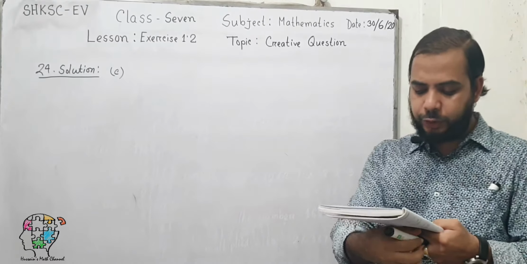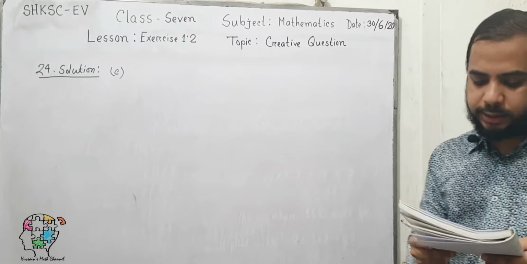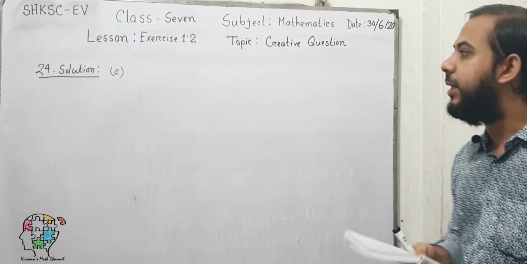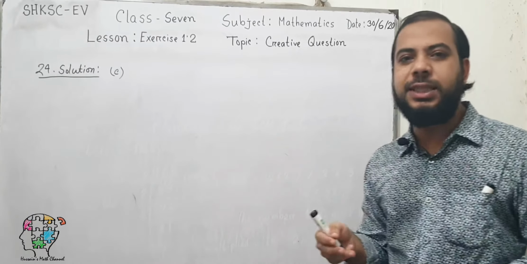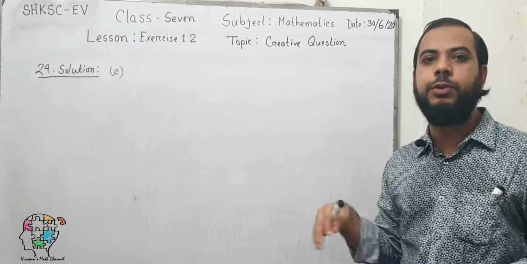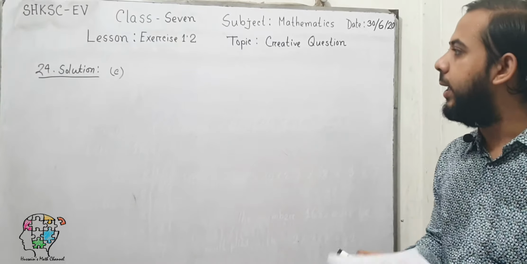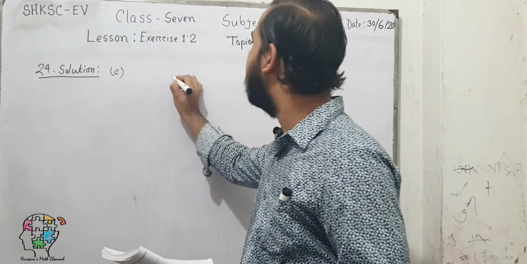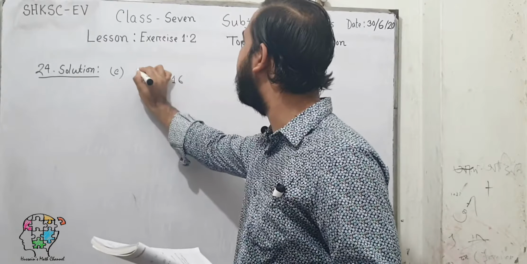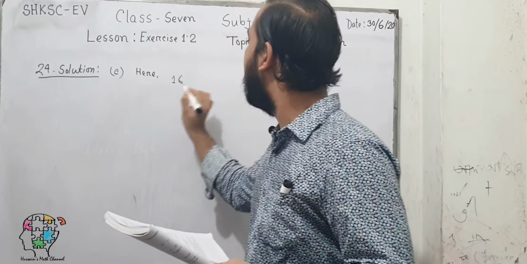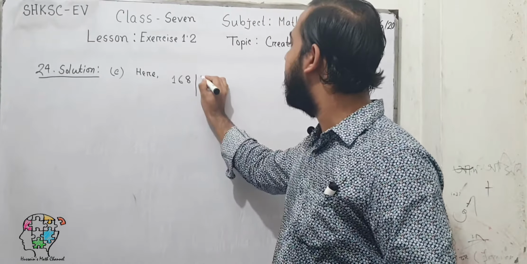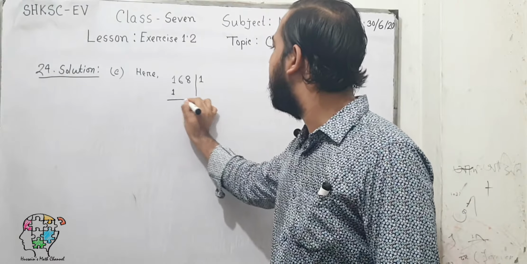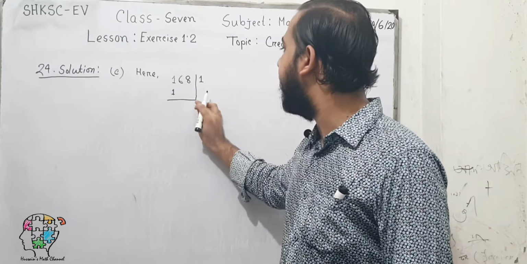At least how many troops should have to join to arrange the troops in a square form? That means this time we don't have to multiply, we have to add. So when we add any number, we need to find the square. We want to make 168 a perfect square number.